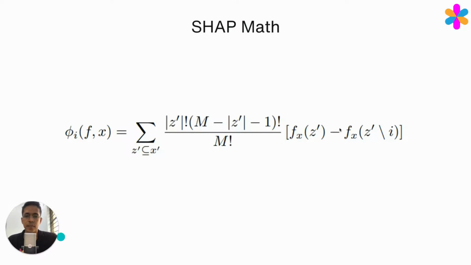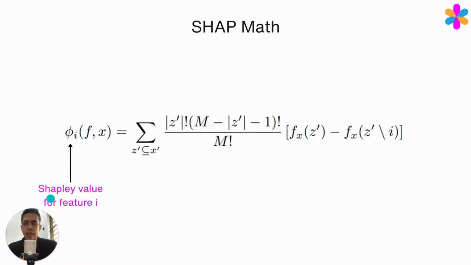Firstly, phi i of f comma x, that is what we are calculating. Phi is the Shapley value for feature i. So in this example, let's say age is the feature. If age is the ith feature, we are looking for the Shapley value corresponding to age. And this is for one particular person.